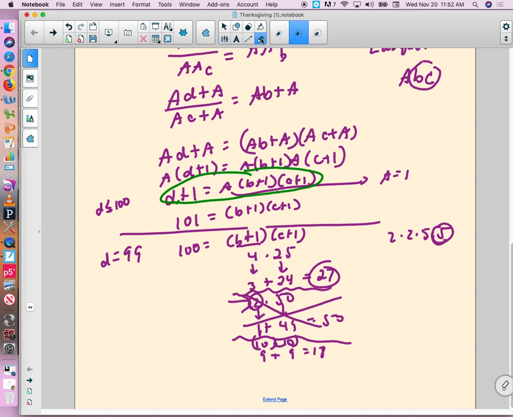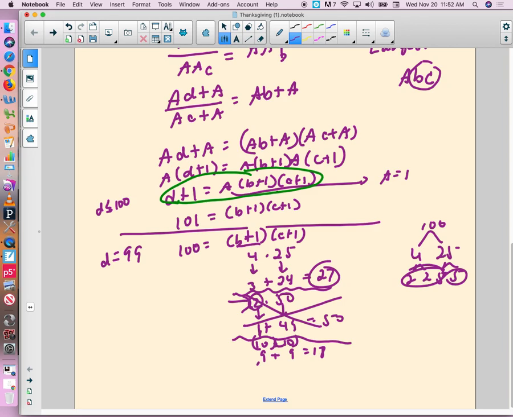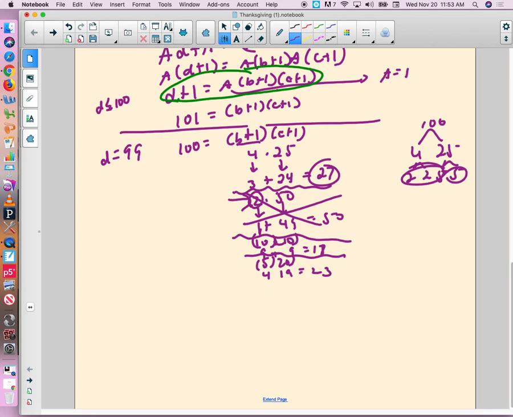For 100, you have 4 and 25, 2 and 2, 5 and 5. Oh, 5 times 20, okay. Anyway, Grace, in case you're worried about me, I wasn't worried about whether 5 and 20 multiplied to 100. I was just looking at my factors and it wasn't making sense to me. That would give us 4 and 19, which is 23. And so we're thinking, real discouraged, okay.